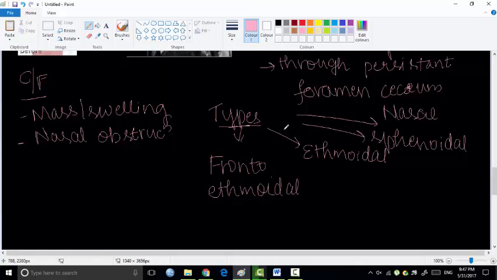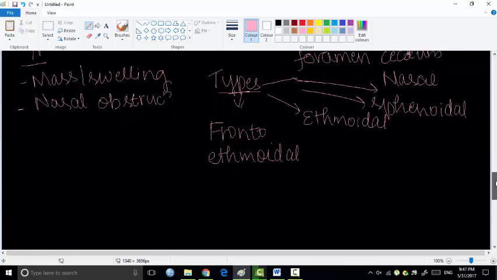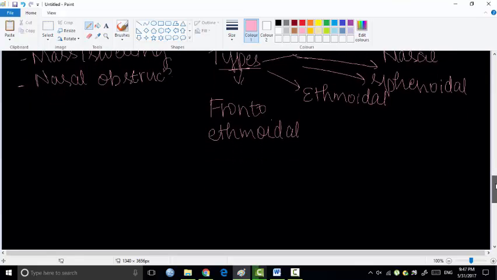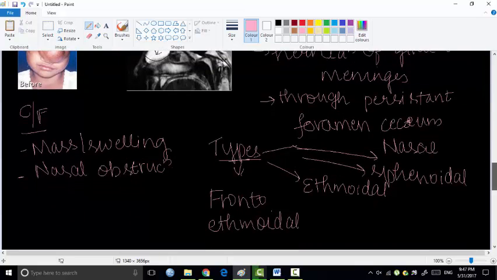All these are the types of meningoencephalocele or nasal meningocele, right? So this is about the nasomeningocele.